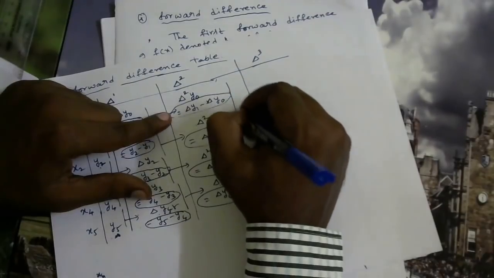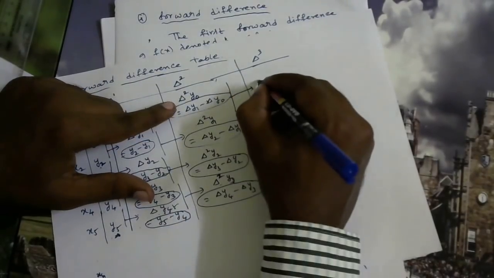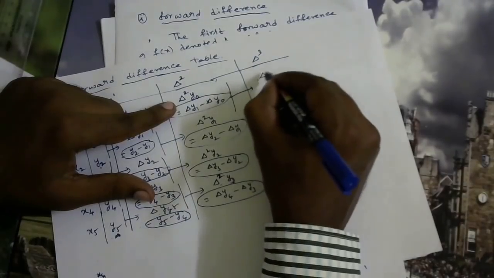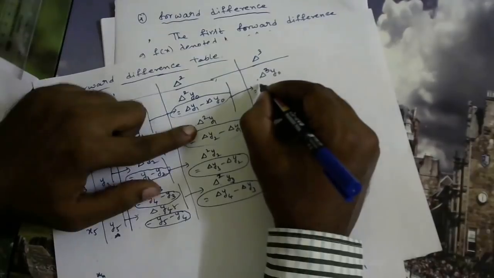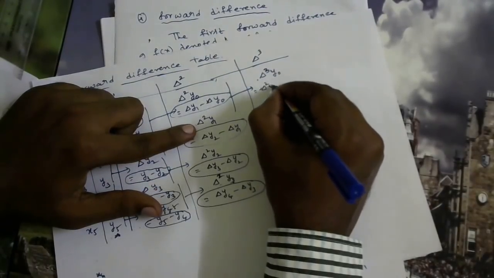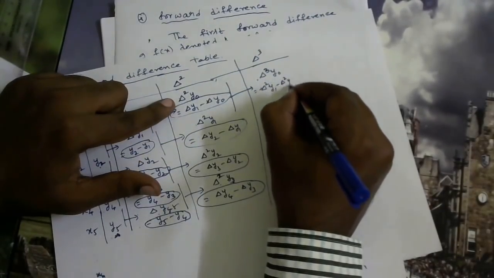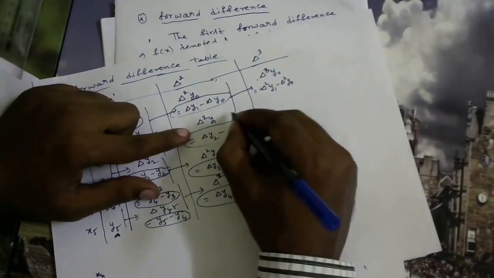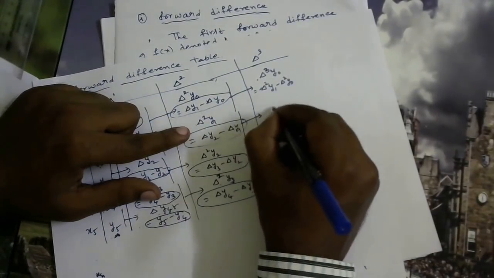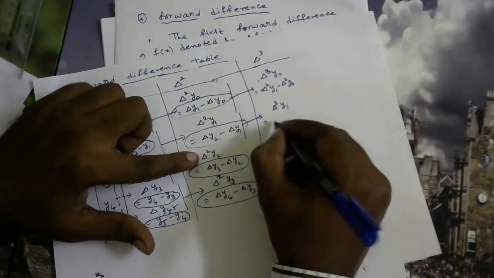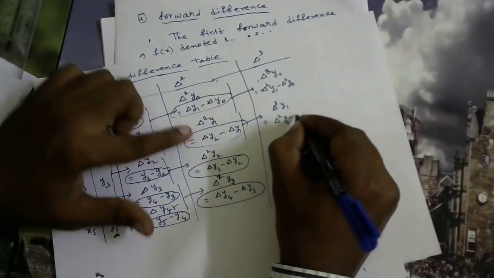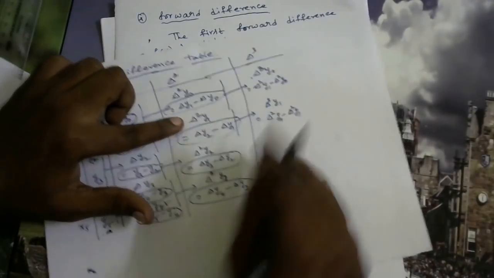So here delta cube y0 equals delta square y1 minus delta square y0. Delta cube y1 equals delta square y2 minus delta square y1.